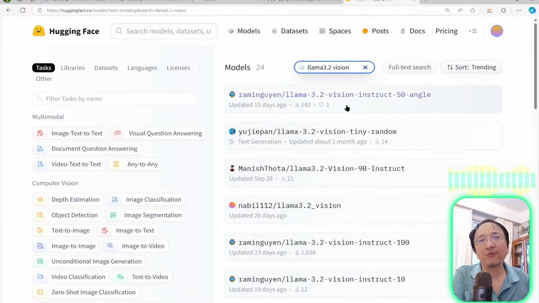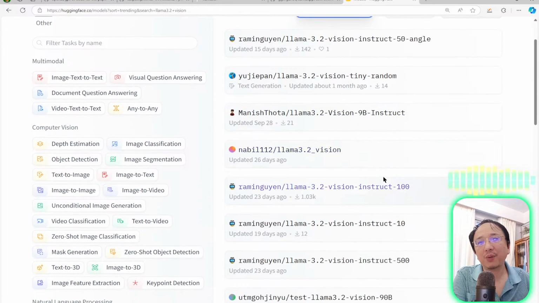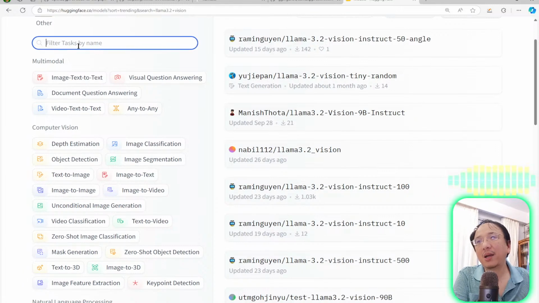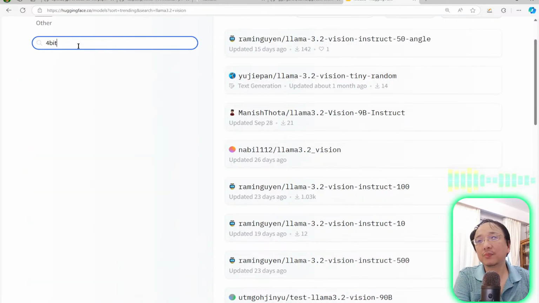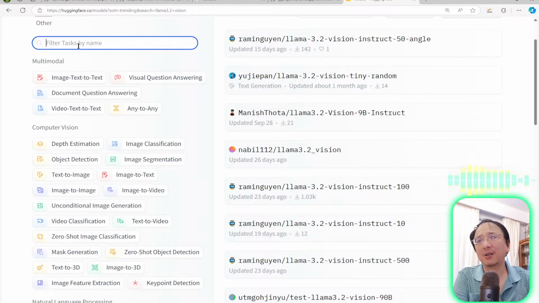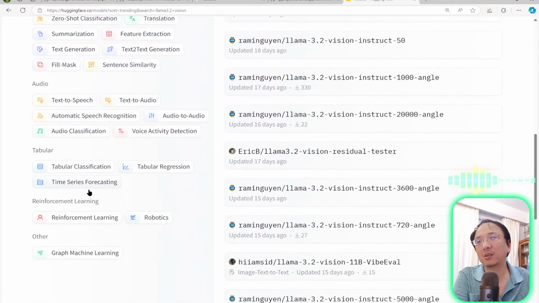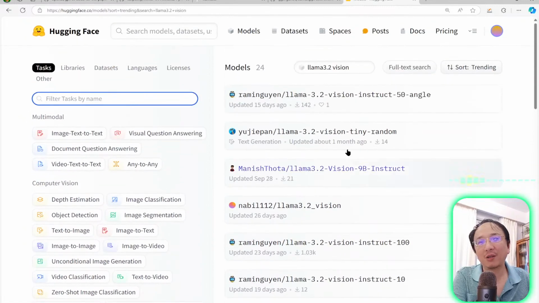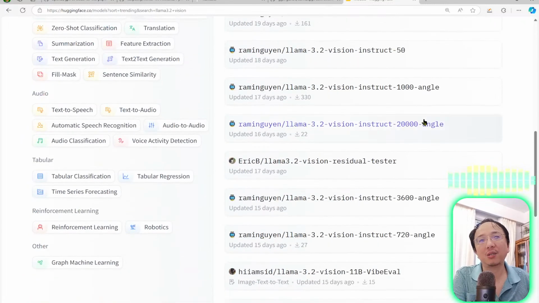Okay, 3.2 vision instruct 9B, but it doesn't have it. There are also some tags for quantization, but I couldn't find it, like GU. These labels are also quite useful, but unfortunately I couldn't find the one that I want.